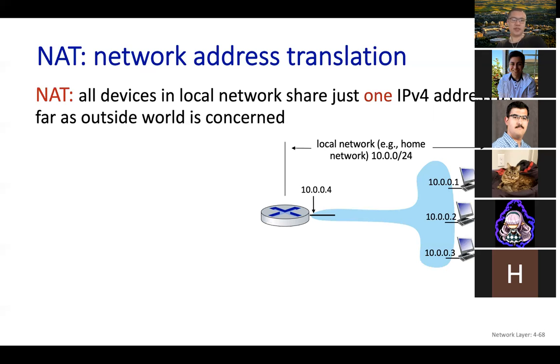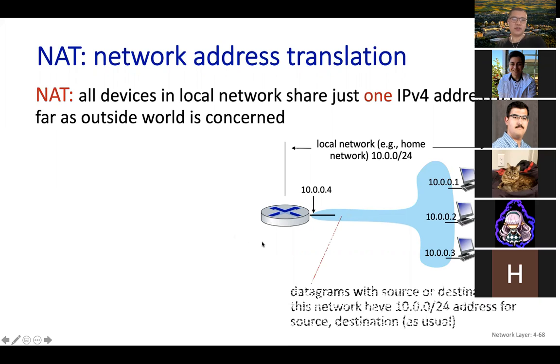Your datagram sent from the router needs to translate your local address to something that can be read globally. Here, all devices in the local network share just one IPv4 address as far as the outside world is concerned. As we mentioned, there are some benefits here.